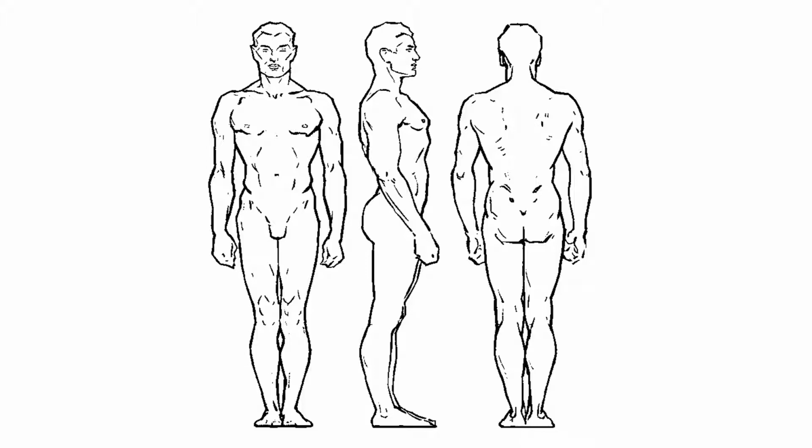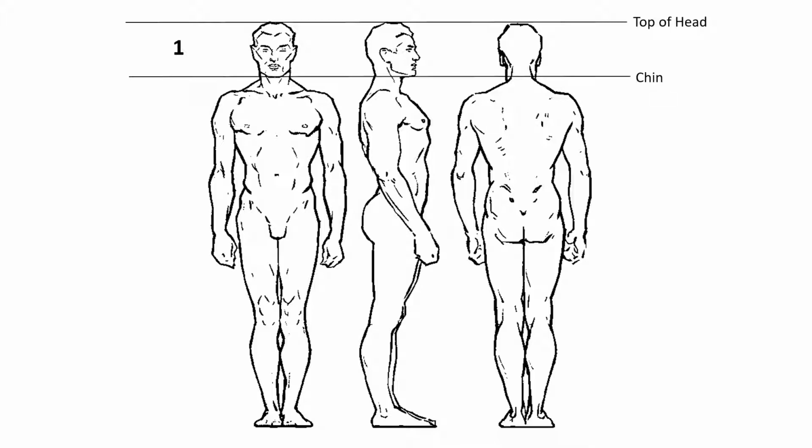Now, let us see the starting and ending points in a male body. Starting from the head to the chin is 1 head count. The second head count starts from the chin and ends at the nipples.